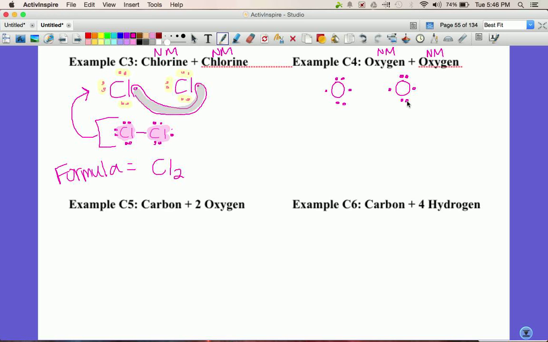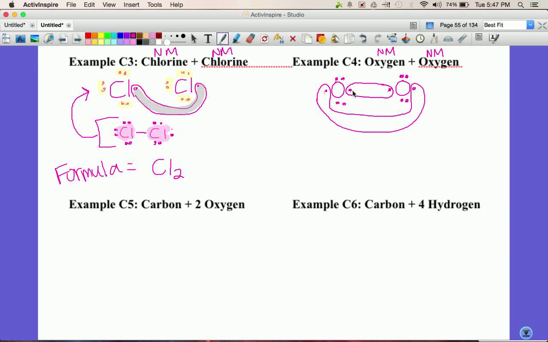Now, oxygen has 2 electrons that can be paired. So we can loop these 2 together, and these 2 get looped together. And that gives us 1, 2, 3, 4, 5, 6, 7, 8 electrons for that oxygen. Then 8 for the other oxygen as well.